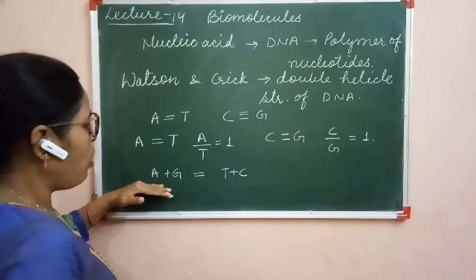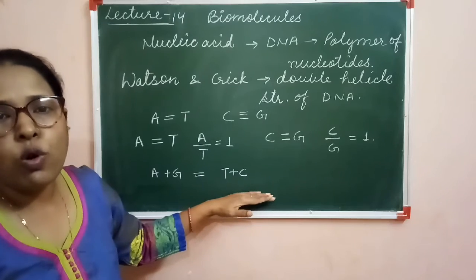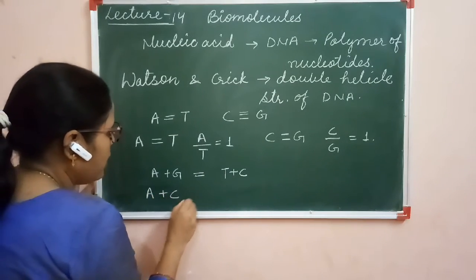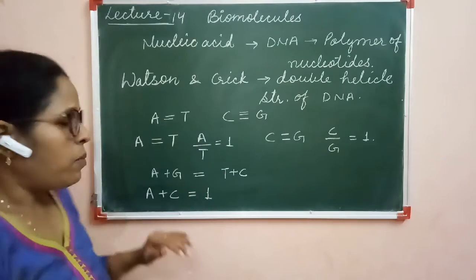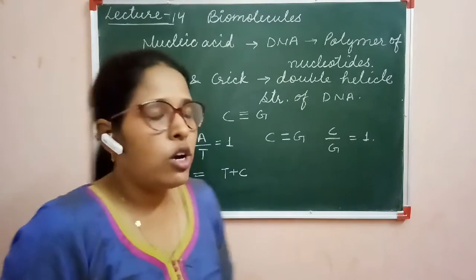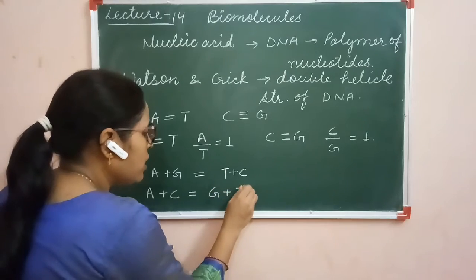So the amount of purines and pyrimidines is equal. A plus C is equal to G plus T.